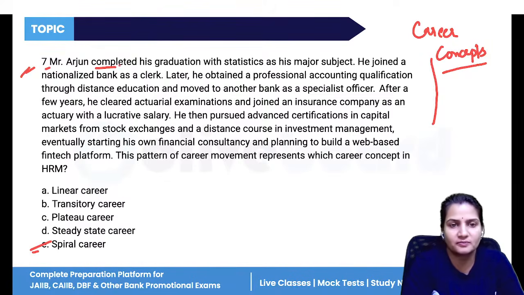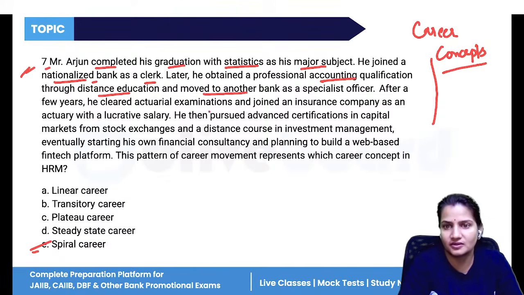Now, Mr. Arjun completed his graduation with statistics as his major subject. Then he joined a nationalized bank as a clerk. Later, he obtained an accounting qualification through distance education, then moved to another bank as a specialist officer. After a few years, he cleared the actuarial examination and joined an insurance company.